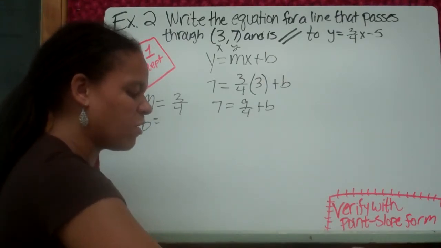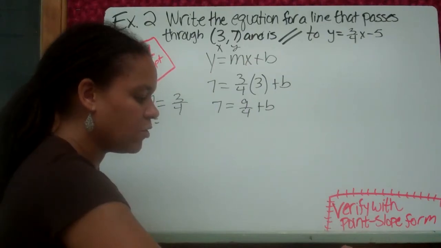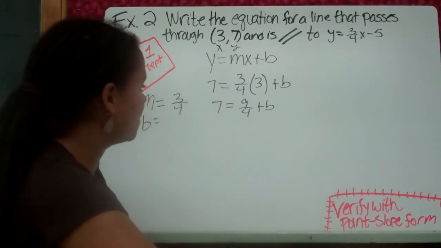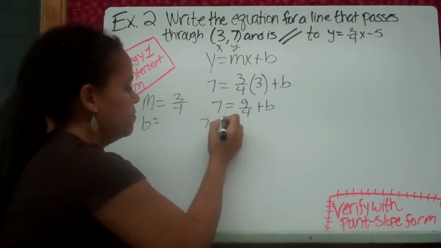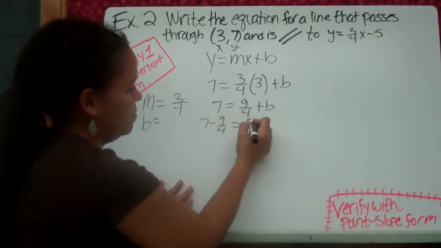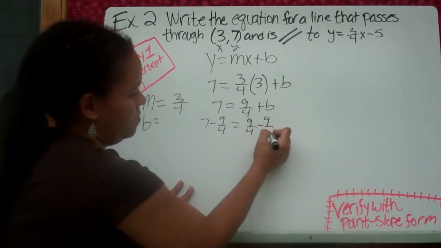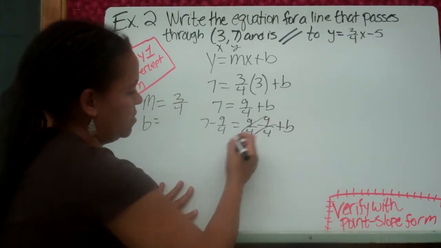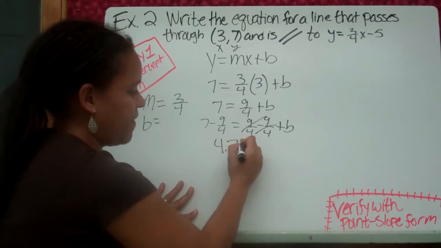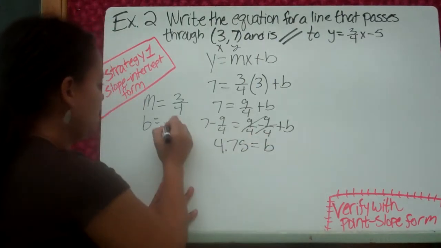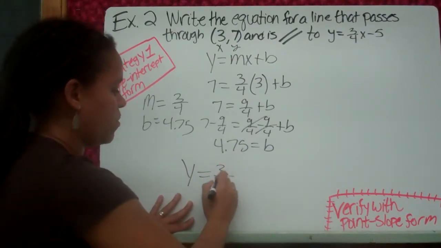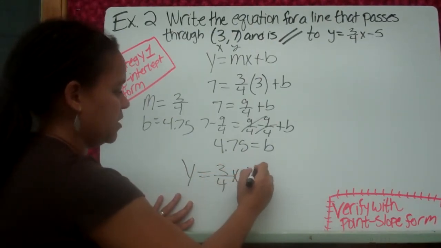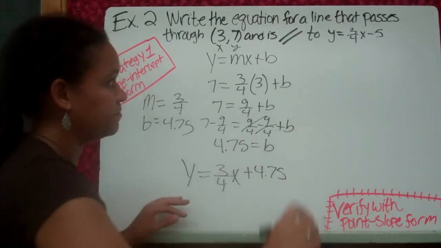Doesn't matter to me. I think I'll go for decimal. So 7 minus 9/4 would be 4.75. Cancel, cancel. 4.75 is equal to b. So b is 4.75. So my equation would be y equals 3/4 x plus 4.75.